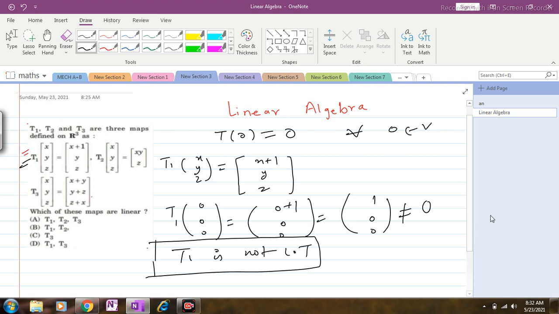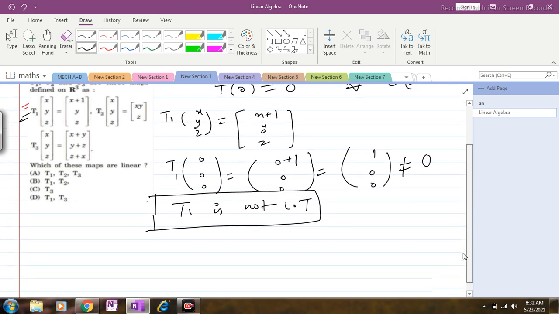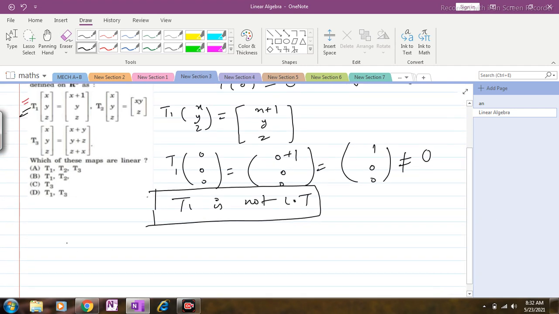Okay. Now I will come to the second one. For T2 we have been given T2(x, y, z) equal to (xy, z), right? What I have said is that T should be in linear form.